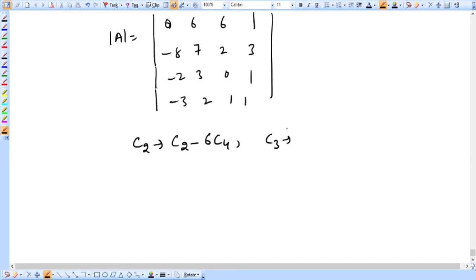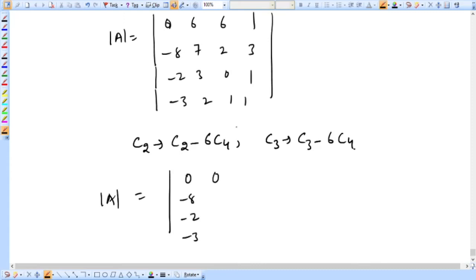I mean to say the first element of column 3 would be 0 if I subtract it from 6 times column 4. Now the determinant of A would be equal to 0 minus 8 minus 2 minus 3. Okay, it would be 0, and subtracting from the 6 times, 7 minus 18 would be minus 11, minus 3, minus 4, 0, and 2 minus 6 times 3, which is 2 minus 18, which is minus 16.